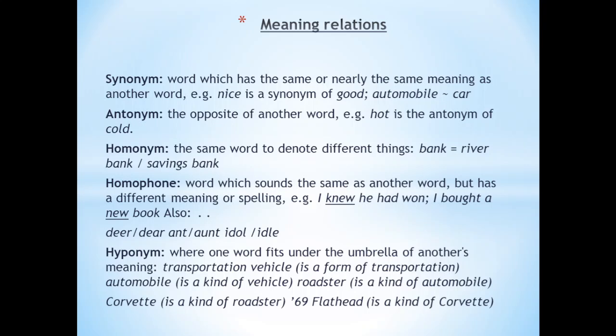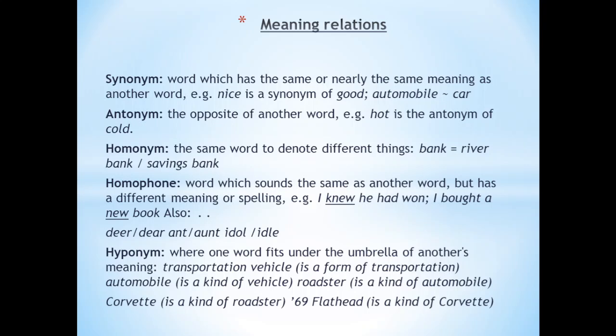So knew here is a verb, and new here is an adjective. Also, dear, aunt, idol. So a homophone is a word which has the same pronunciation but different meanings.